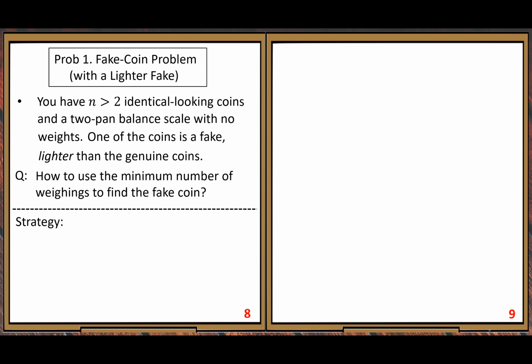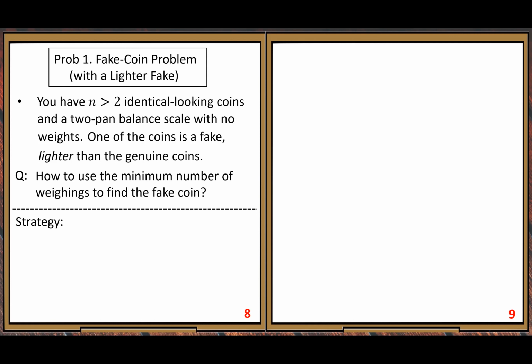Now, strategy. When we solve most of our computing problems, especially the relatively hard ones, we need to apply certain strategies. Strategies are very important.